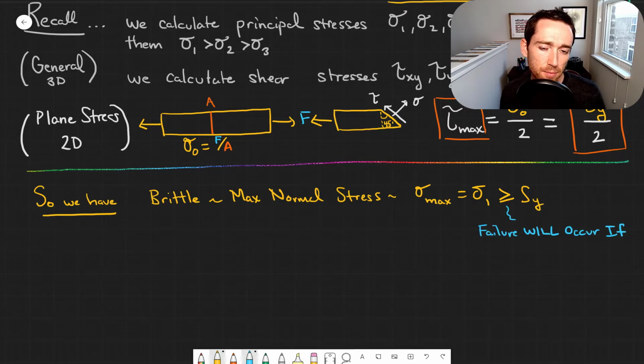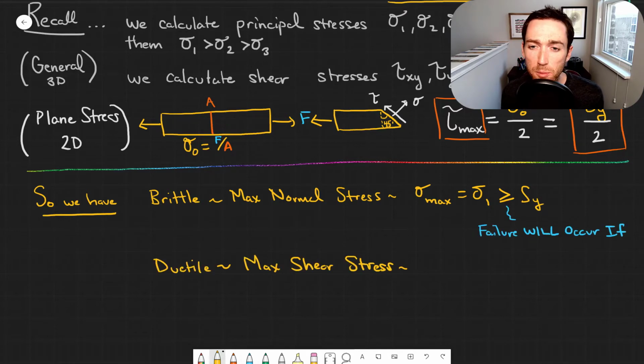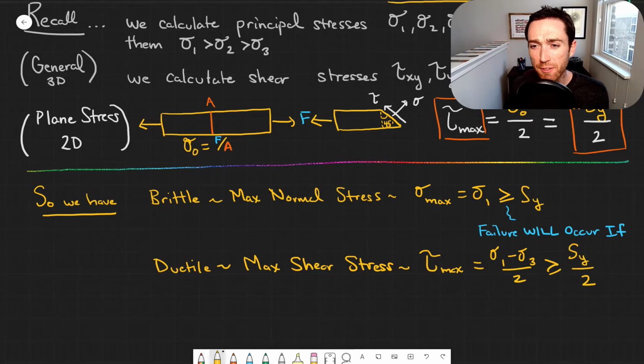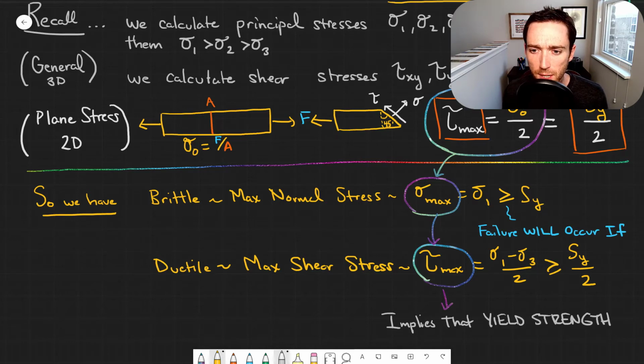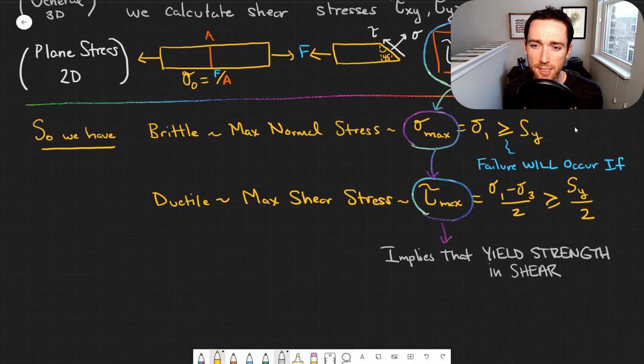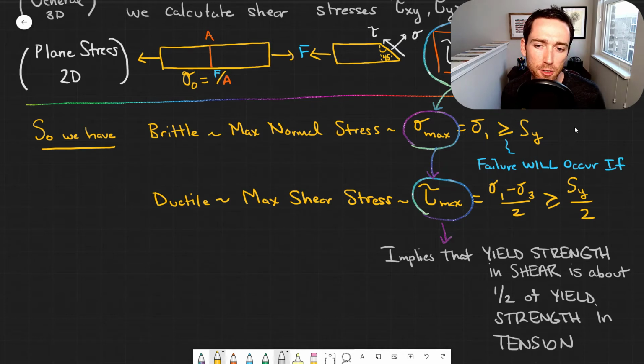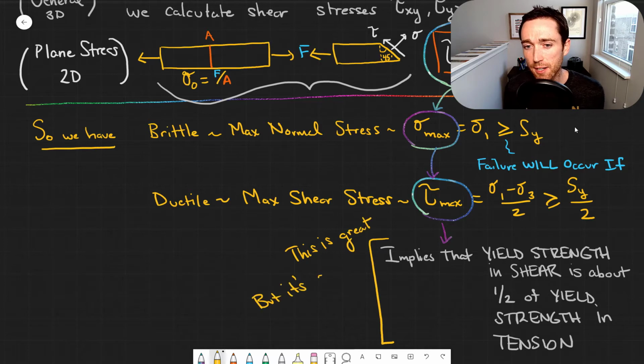Similarly, and even more simply, the max normal stress theory is just saying that failure occurs when you have a stress that's above or equal to yield. So what we're really saying is that the yield strength in shear is about half of the yield strength in tension. And that's the bottom line.